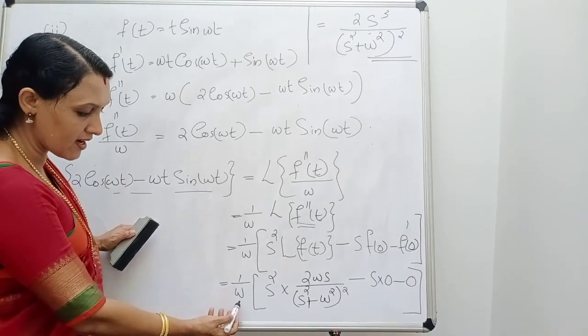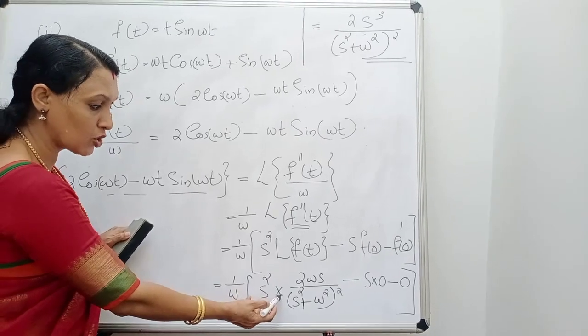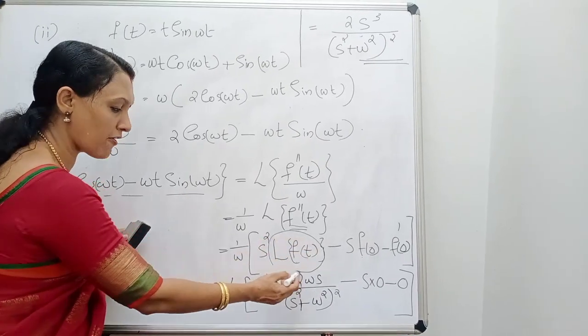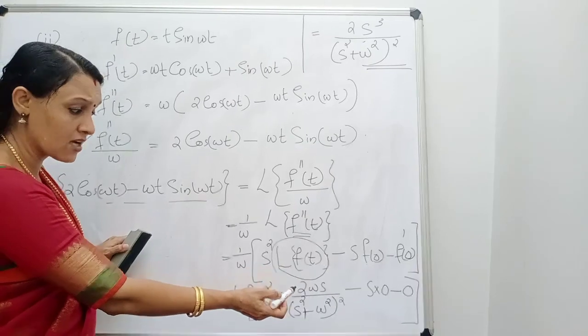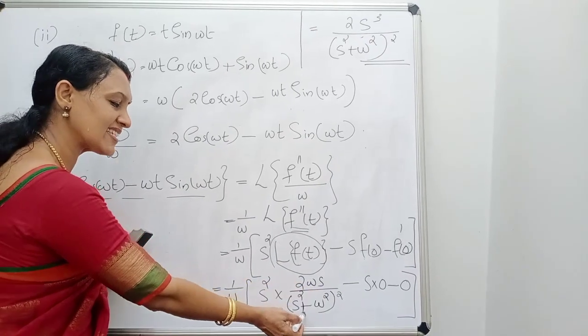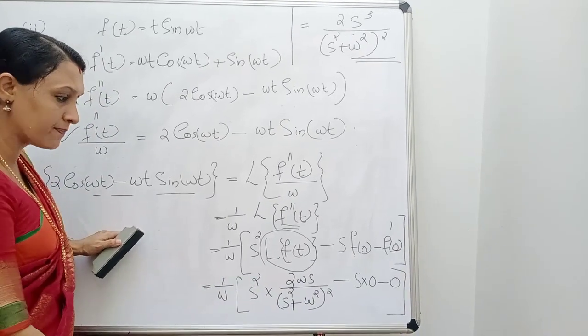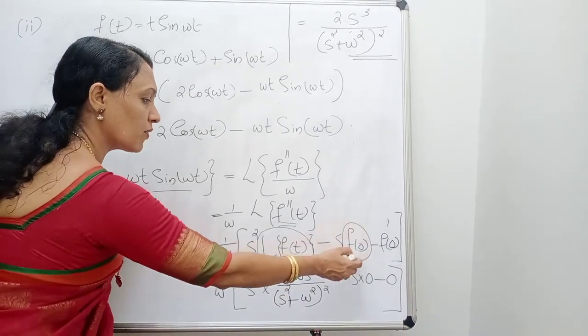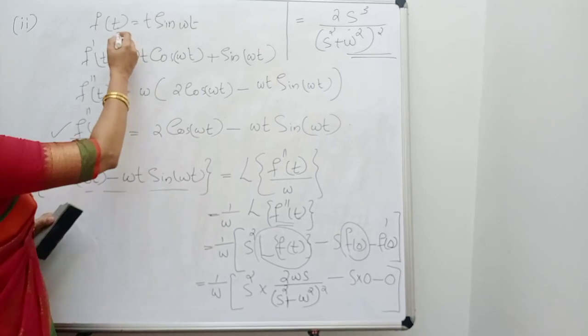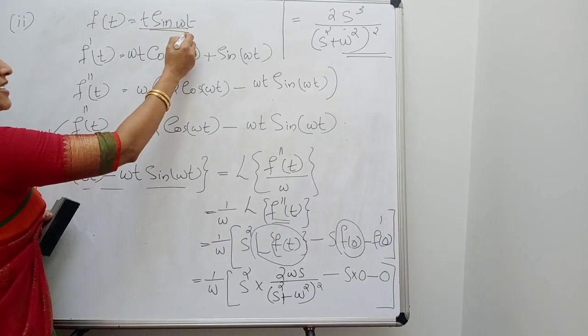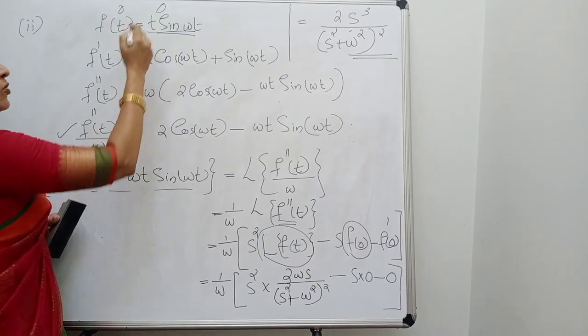1 by omega into s square into, now what is L of f of t? That is given, isn't it? It is 2 omega s divided by s square plus omega square, the whole square. And what is f0? f of t is t sin omega t. So f0 is 0.